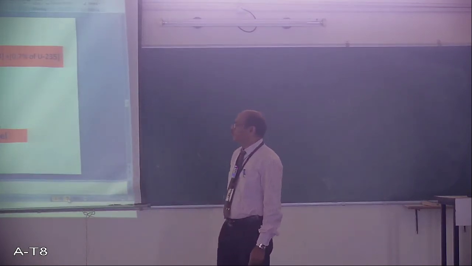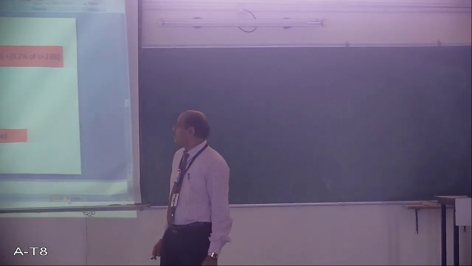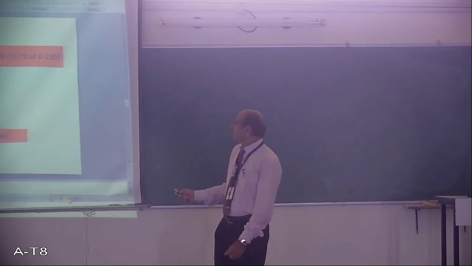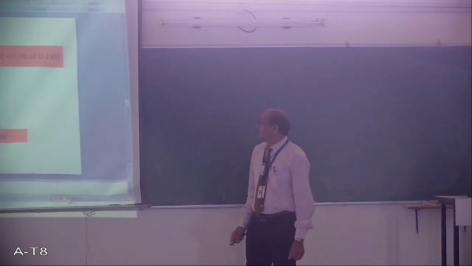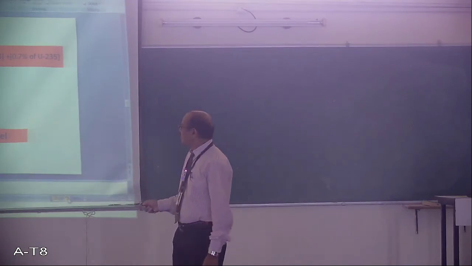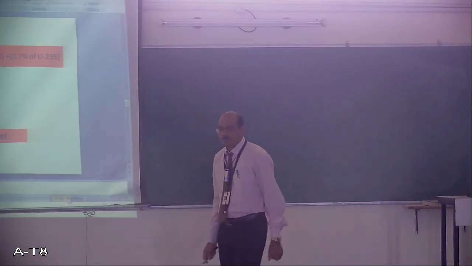So the isotope uranium 238 makes up 99.3% of the volume, and uranium 235 is present at 0.7% only. Natural uranium consists of this composition.